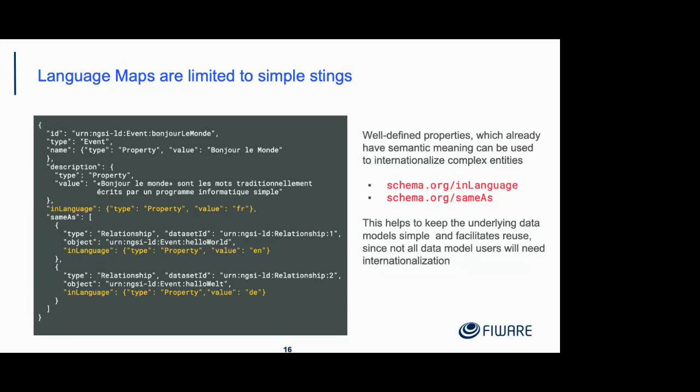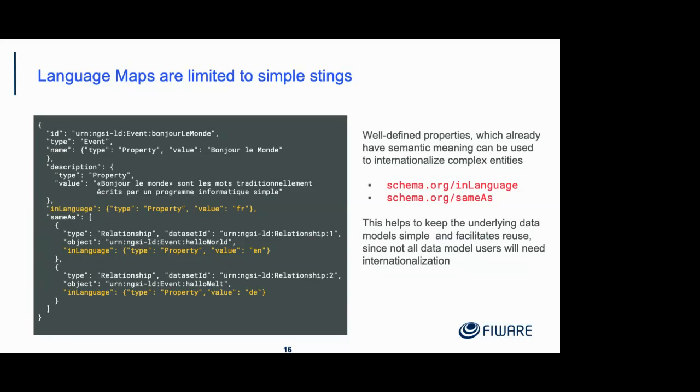Language maps are limited to simple strings. Do not try and use language maps to map smart tourism over a wider range of models. I noticed that about a quarter of you were dealing with smart tourism.